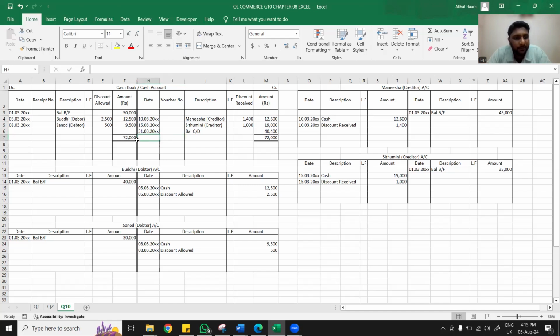So here balance b/f for the next period. Opening balance, it is 40,400, 1st April 20XX.